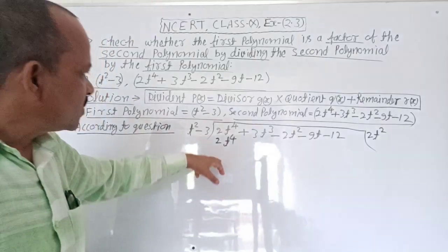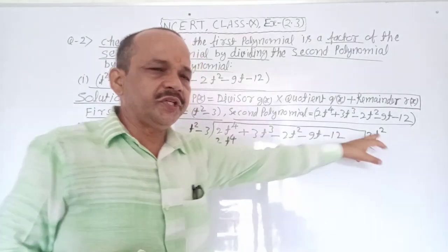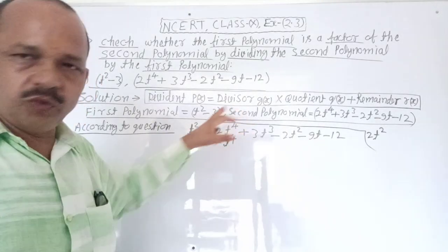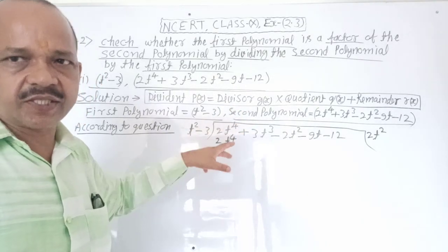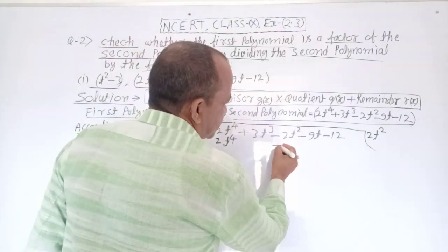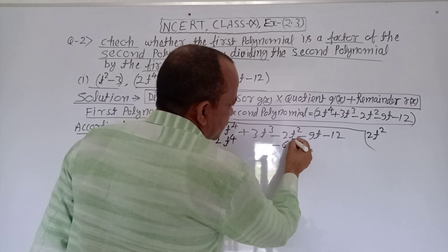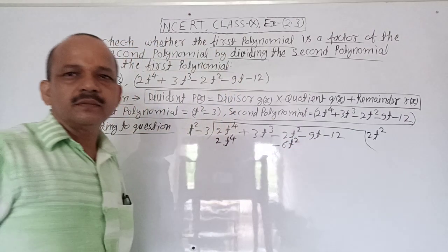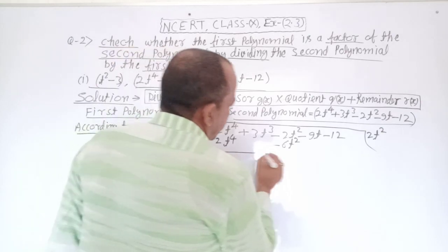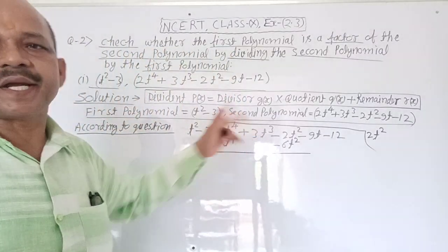Very good. Now you multiply 2t square and minus 3. It becomes minus 6t square. So you write it here minus 6t square. Now you draw a line and subtract.